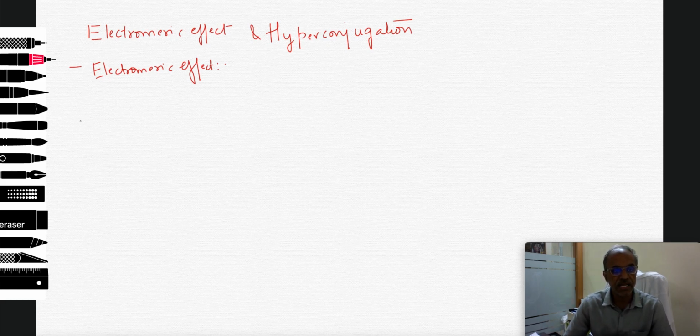For example, R, C double bond O, R. That means this is an ester group. This is our main organic compound.